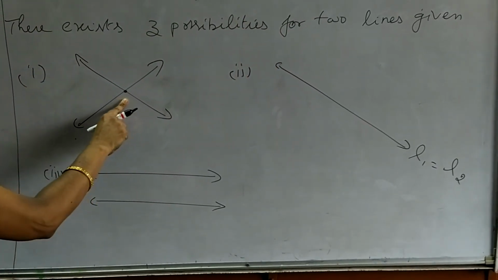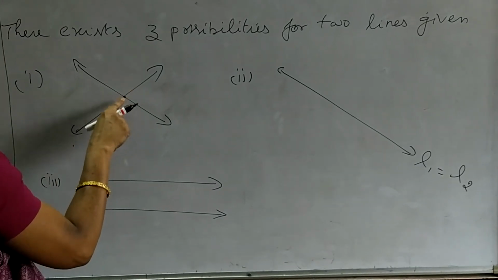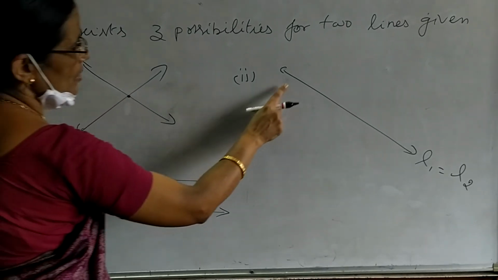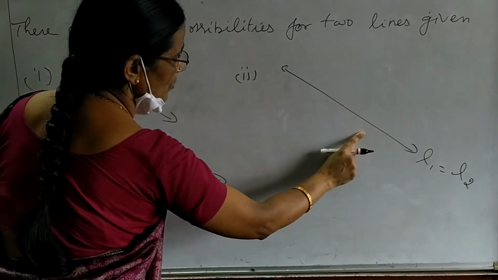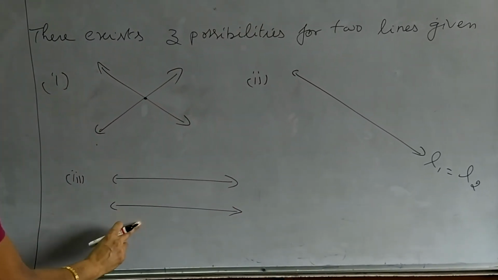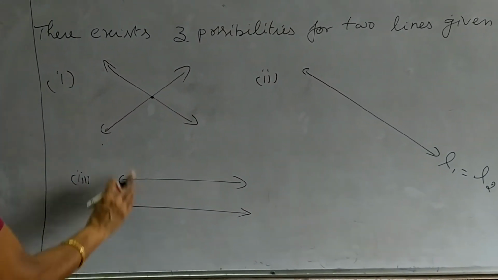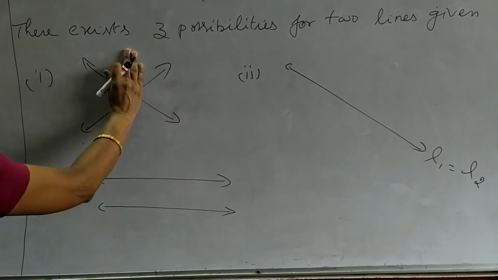The point of intersection can be only one point, and we say unique solution. And sometimes the graphs coincide; in that case we say infinite solutions. And the third case is they do not intersect. These are the three possible cases when two lines are given.